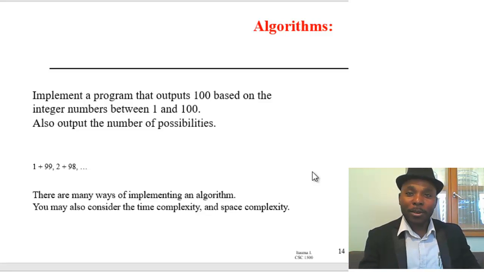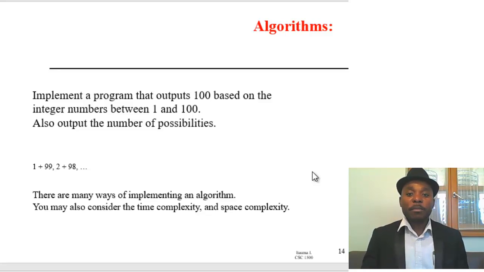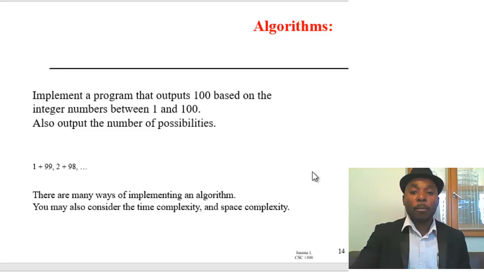If I may ask you, what would be the number of possibilities? Well, it's obvious. The answer is 50. And we would look at how we derived 50. There are many ways of implementing an algorithm, and one of the things you will look at in an advanced class is the time complexity and the space complexity.